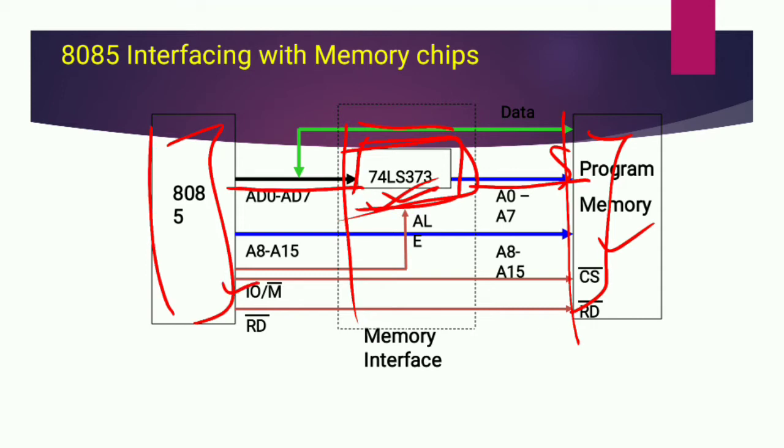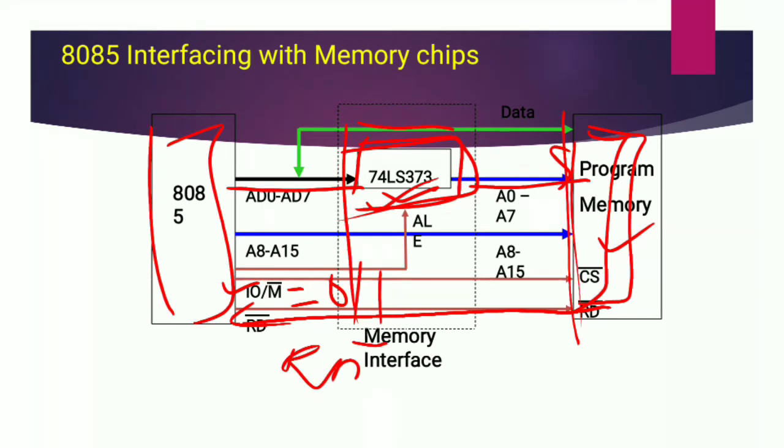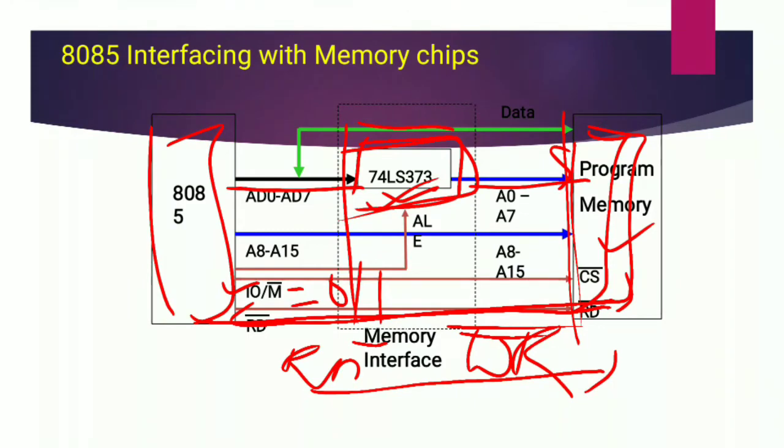IO/M bar is set to 0 when it is interfaced with the memory, and set to 1 when it is communicating with an I/O device. When it wants data from the memory, it generates a read signal. When it wants to write data into the memory, it generates a WR bar signal through the control bus. These are the control signals.